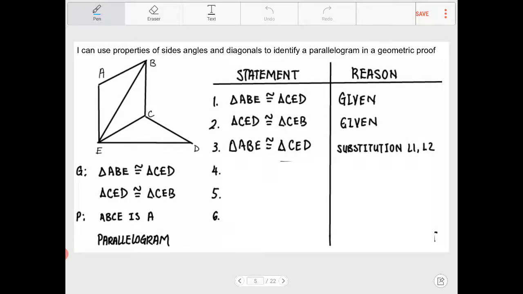And then having that declaration, we can go through and say that AB and CE are going to be congruent because of CPCTC. We can also declare that BC is going to be congruent to AE, because of, again, CPCTC.